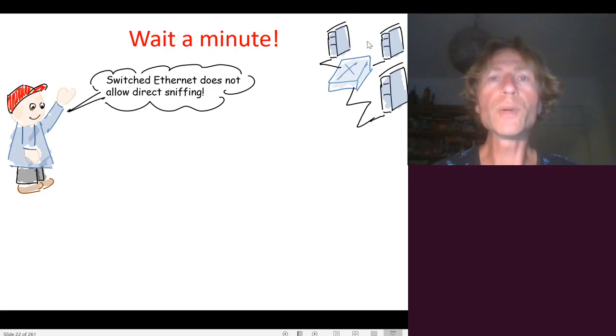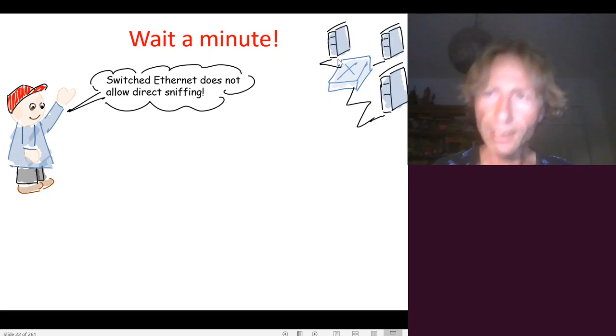Likewise, when it sees traffic coming from host B on port 2, it will record in its switch table that host B with this particular MAC address is at port 2.